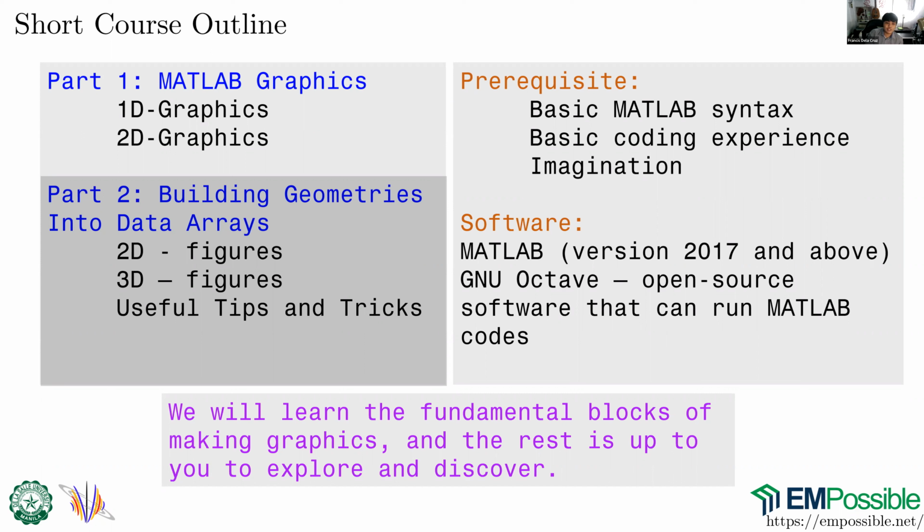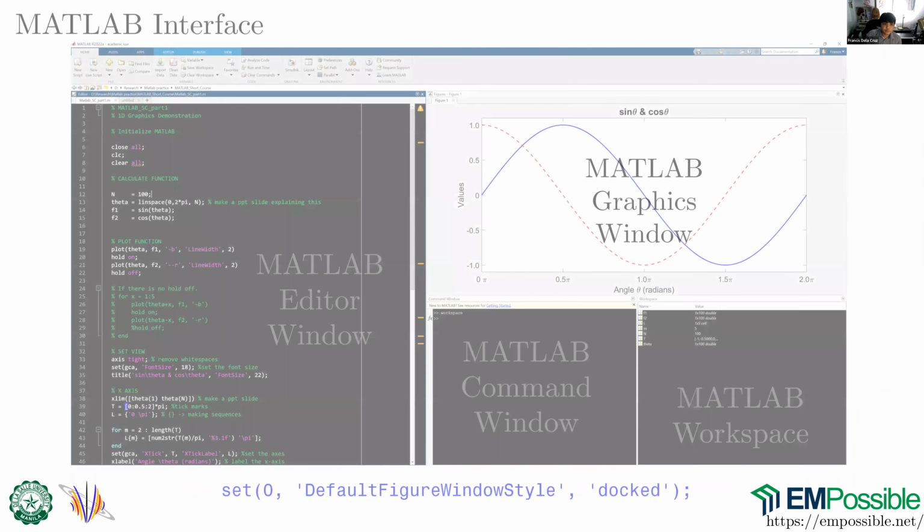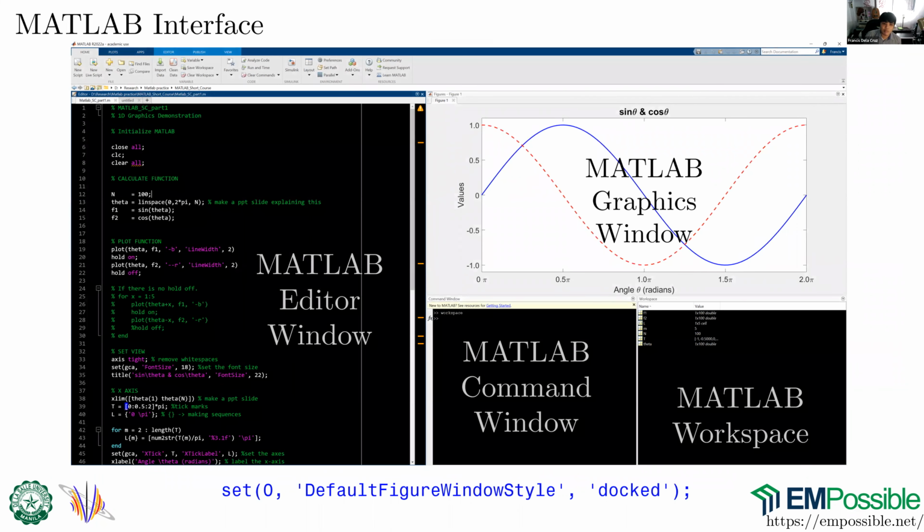So today, we will learn the fundamental blocks of making graphics, and the rest is up to you, or up to us, to explore and discover. Our discussion of each line of code, how it works, will be a little bit detailed. So let's continue. This is the MATLAB interface.